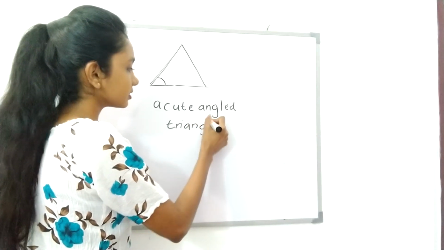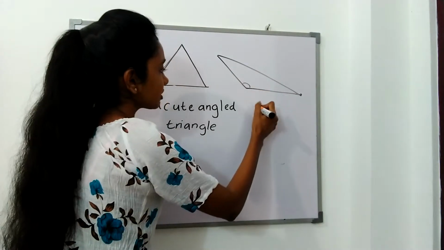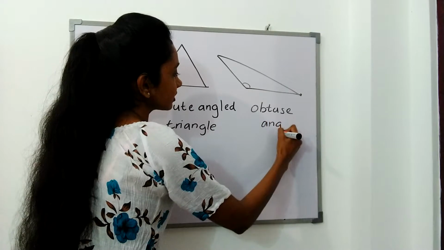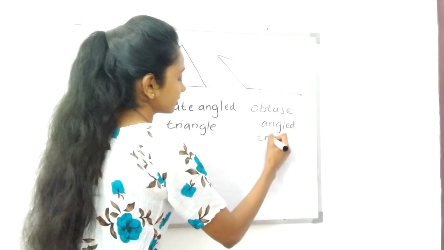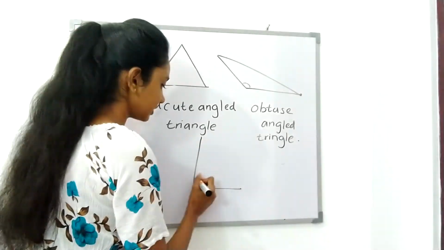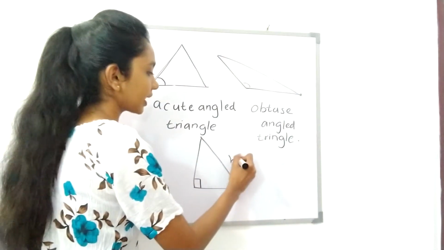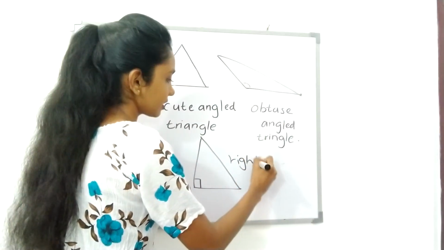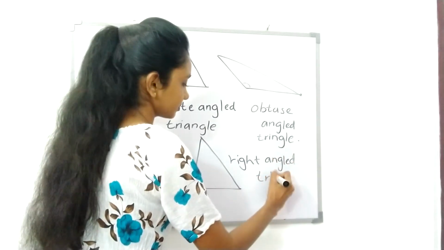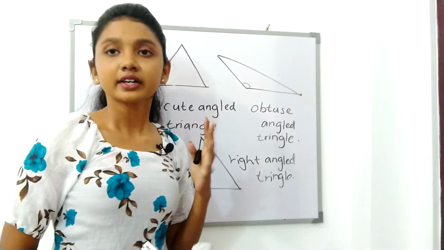And if there's a triangle with an obtuse angle, like this, we call it an obtuse angled triangle. And if there's a triangle with a 90 degree angle, we name it a right angled triangle. So these are the basic three types of triangles.